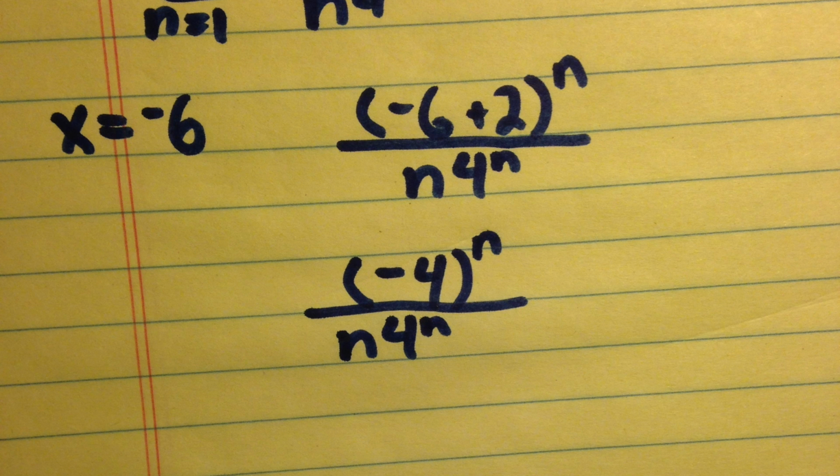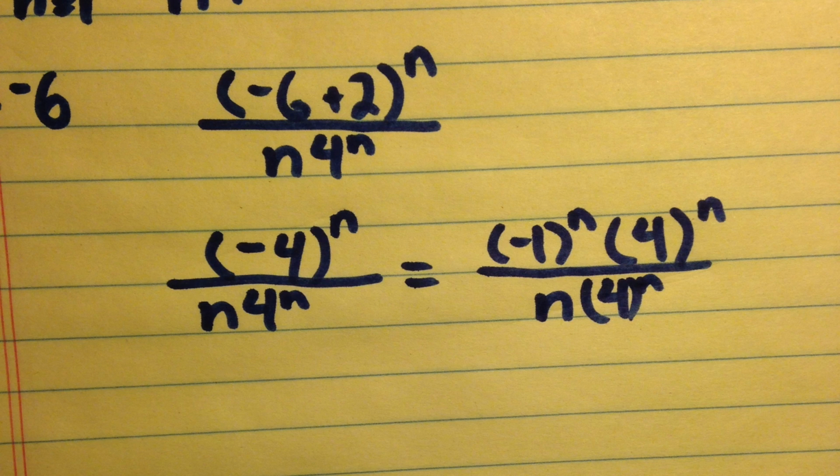So when we plug -6 into our x spot, we end up getting (-4)^n divided by n times 4^n. And this can be rewritten as (-1)^n times 4^n, which makes this look a lot like an alternating series, which means we can run that test on it.